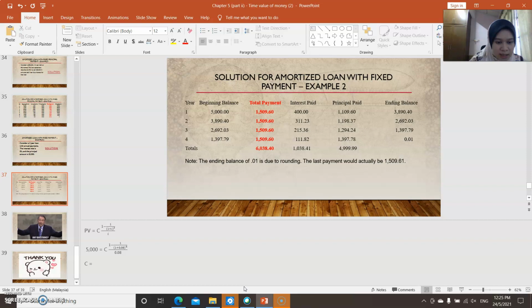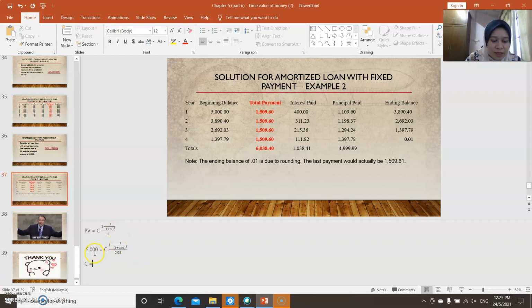Then 1 divided by this figure, you will get 0.735. Then 1 minus that figure, you will get 0.265. Then this figure divided by 0.08, you will get 3.31.